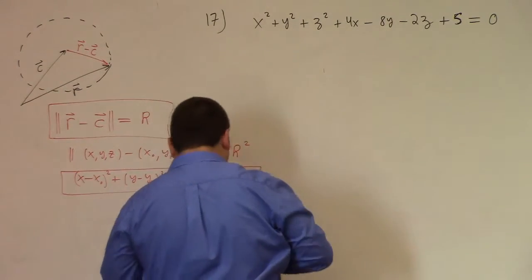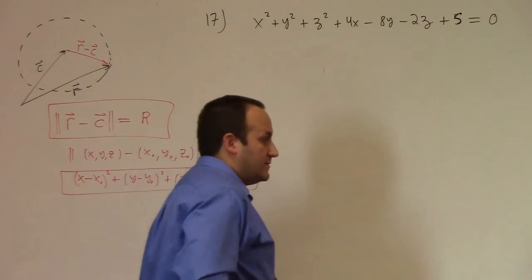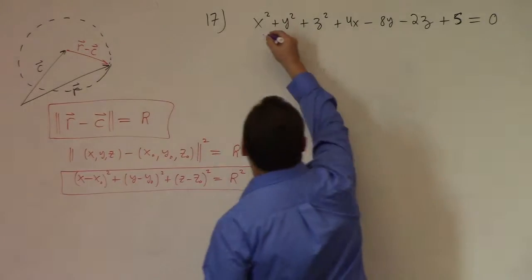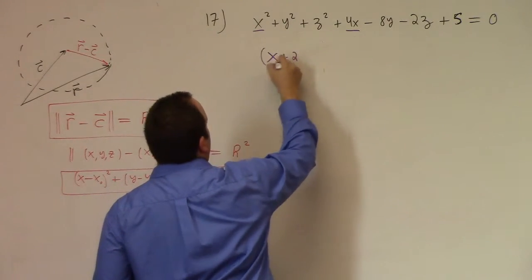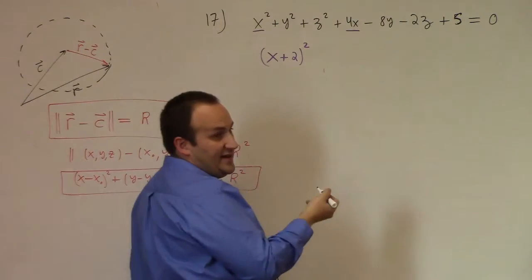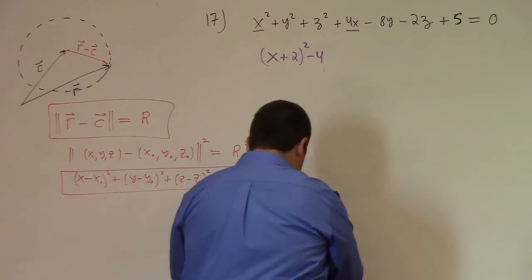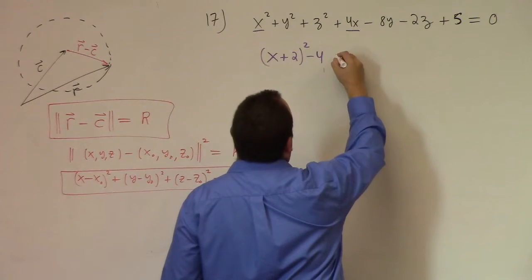So essentially all you want to do is look at where your x's are. You've got x squared, and what else do you have in x? 4x. So I take x squared plus 4x and rewrite that as (x plus 2) quantity squared, and since I just added 4, I have to subtract 4. If you don't understand what I'm doing, you don't understand completing the square, which is entirely likely.